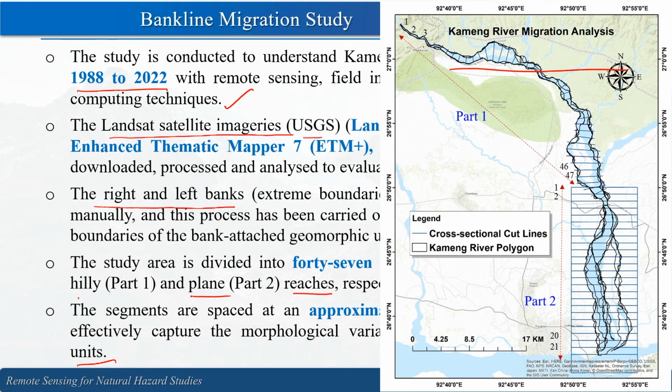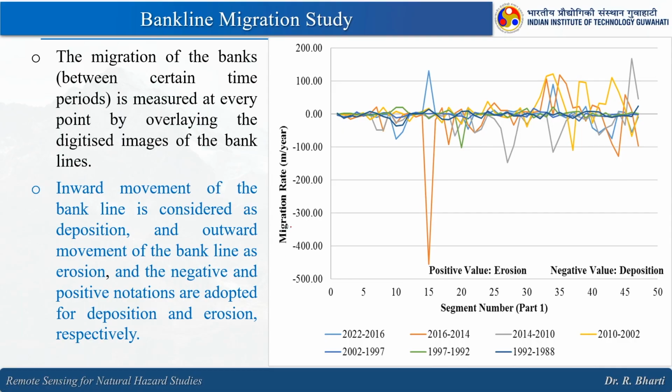So, this is the Kaming river and here you can see how these reaches are designed, approximately at 1 kilometer. This is the hilly part and this is the low lying area, and then it is meeting the main Brahmaputra river.